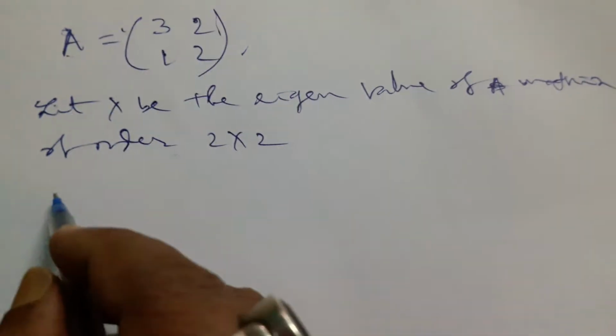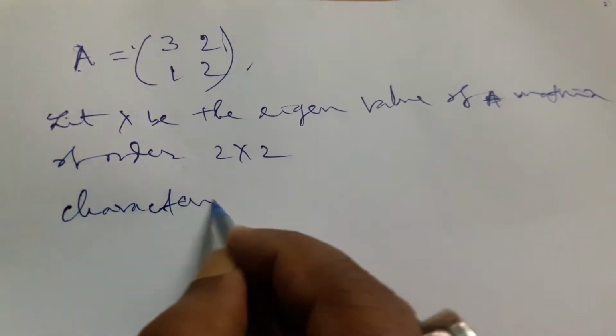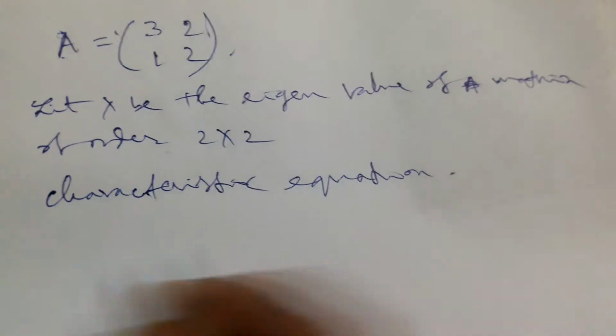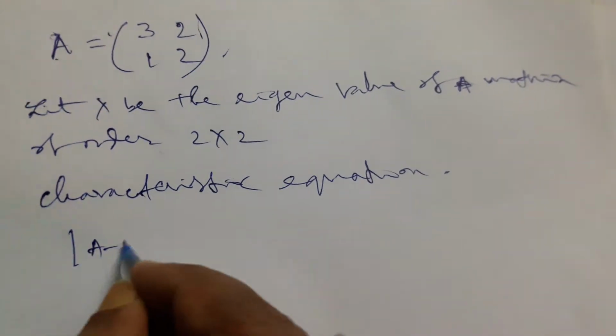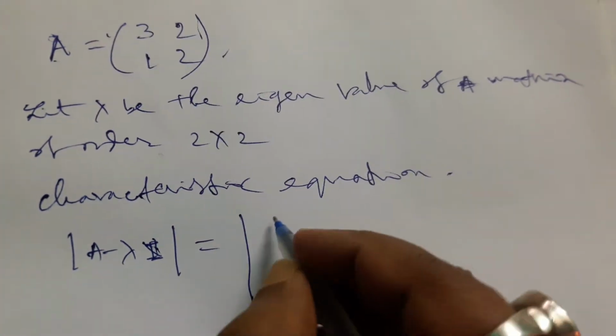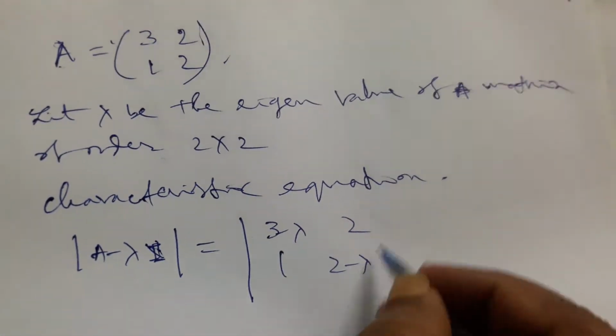Now we have to find the characteristic equation, that is determinant of A minus lambda I, which will be 3 minus lambda, 2, 1, 2 minus lambda, equal to 0.